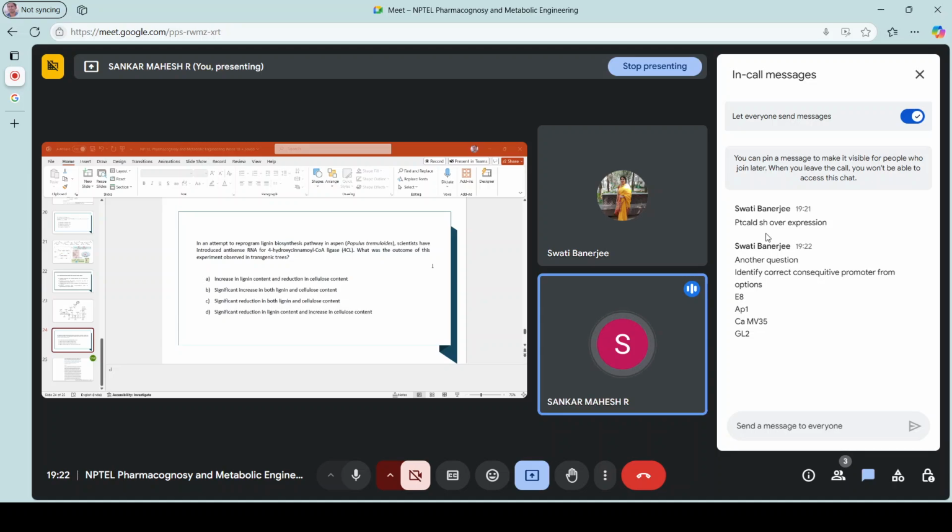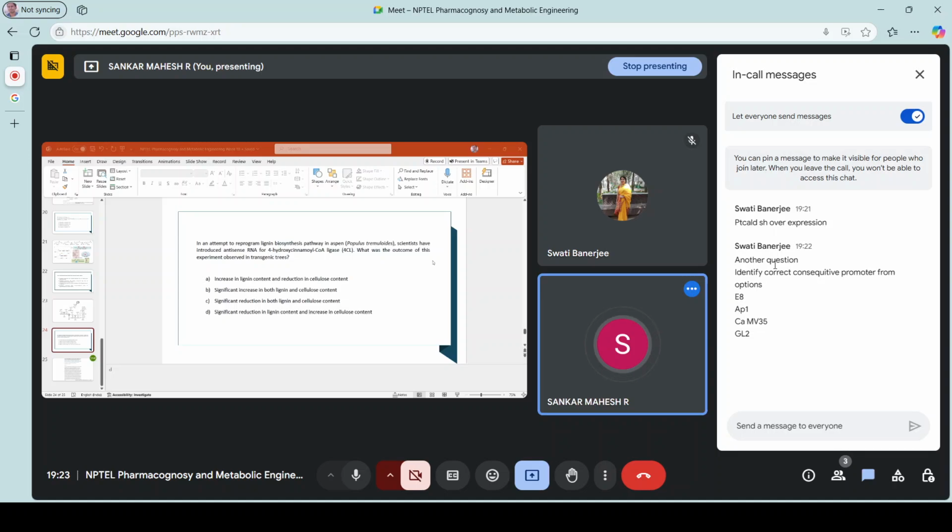See, shRNA is short hairpin RNA. Again, this will also remove or reduce the protein level. So the enzyme's expression levels will be reduced. So accordingly, you need to check where this PT Cal is being used. I am not able to recall at the moment what this PT Cal is.